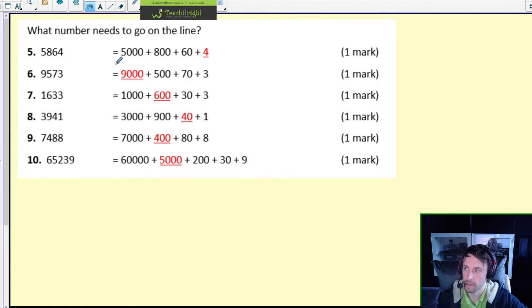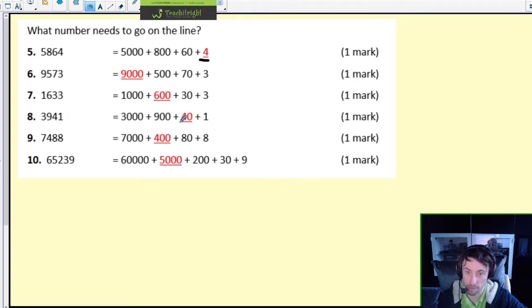So what's missing? 5,864. So the 4 is what was missing. Number 6, 9,573. So the 9,000 was missing. Number 7, 1,633. So 600 was missing. 3,941.